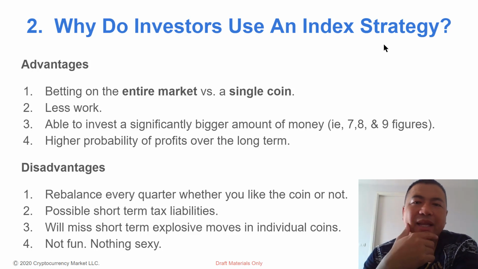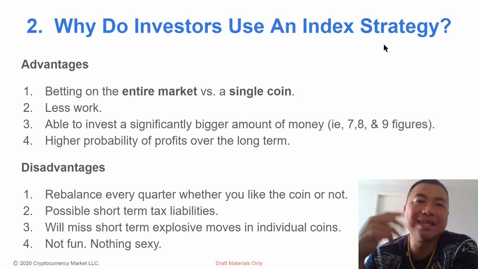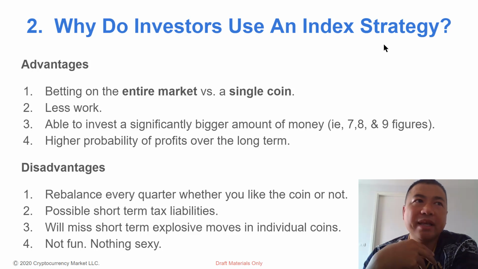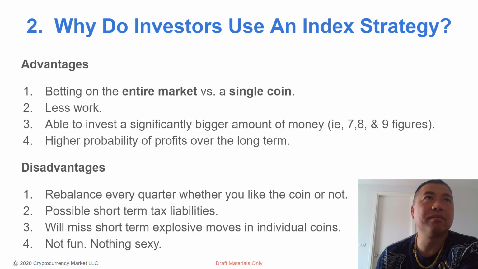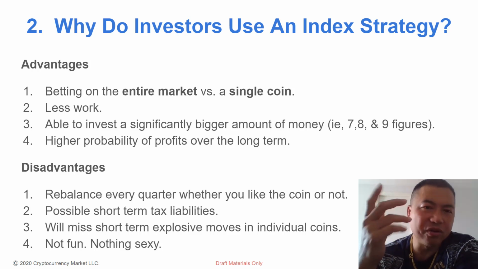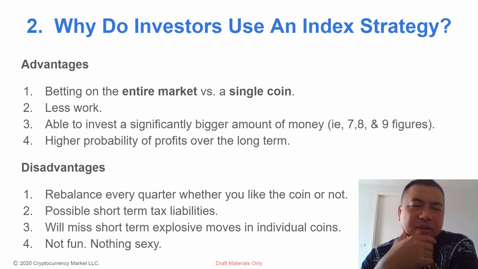But when you take an index approach, you're betting that the entire market is gonna go up. So for example, we believe that right now, Bitcoin is at somewhere around a 250, 260 billion market cap, between 250 and 275 billion market cap.